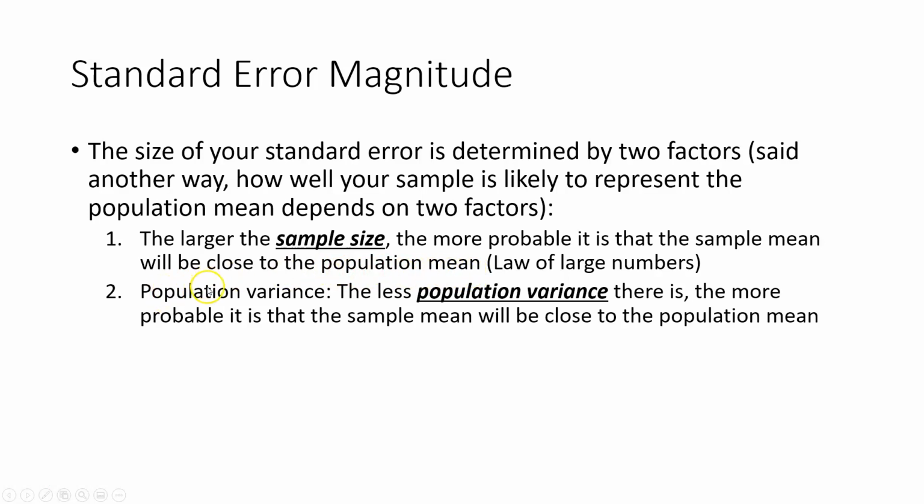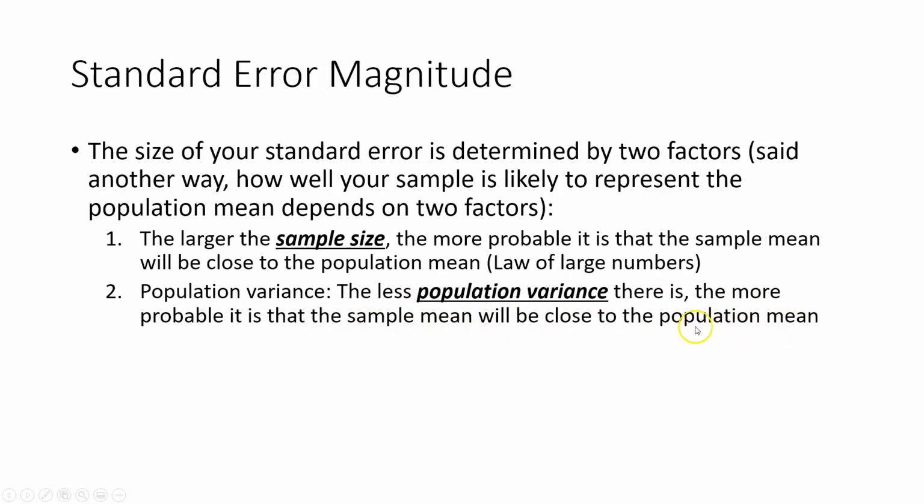The second characteristic that will help you determine whether your standard error is high or low, whether you have a lot of incorrectness in your estimation, is the population variance. The less population variance there is, the more probable it is that the sample mean will be close to the population mean.